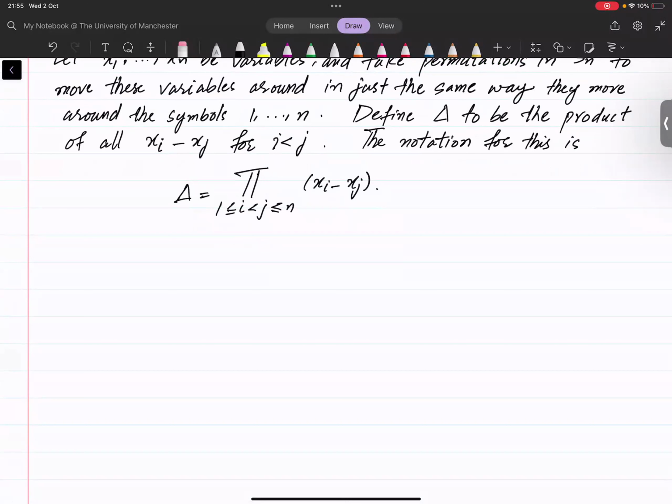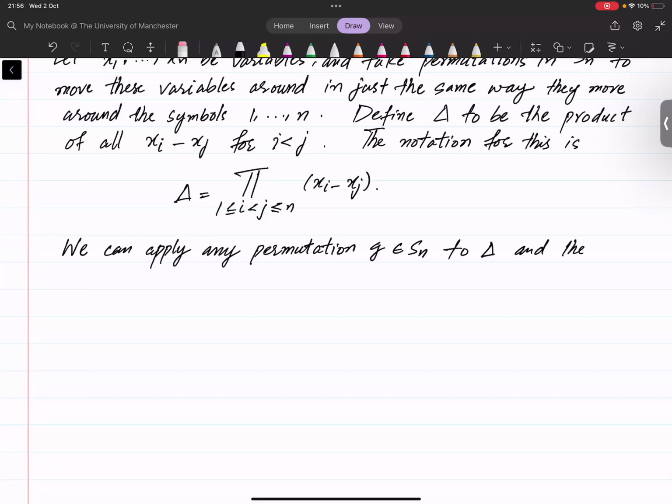Just as in the example, we can apply any permutation G in Sn to delta, and the result will be either plus delta or minus delta.